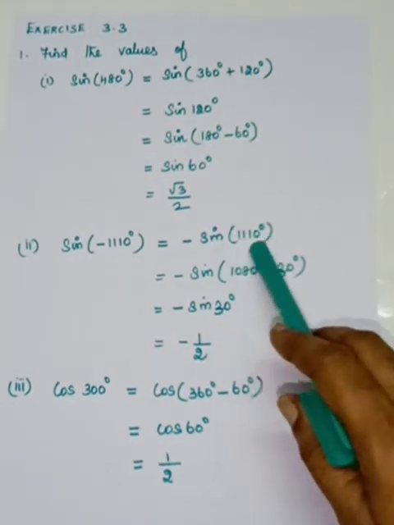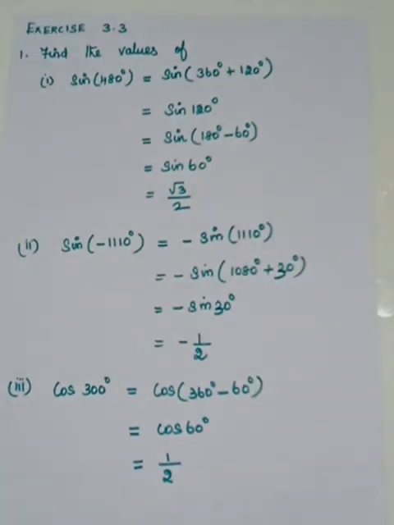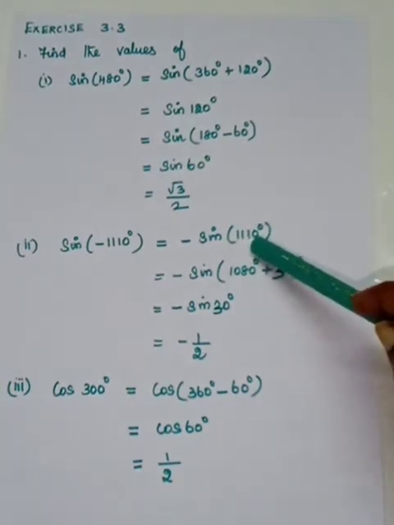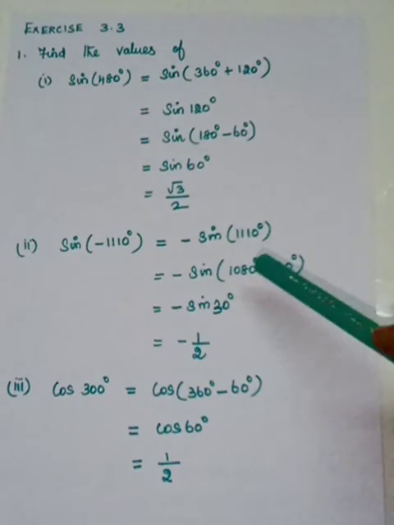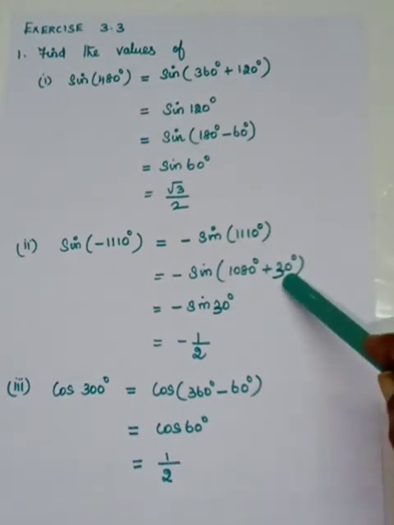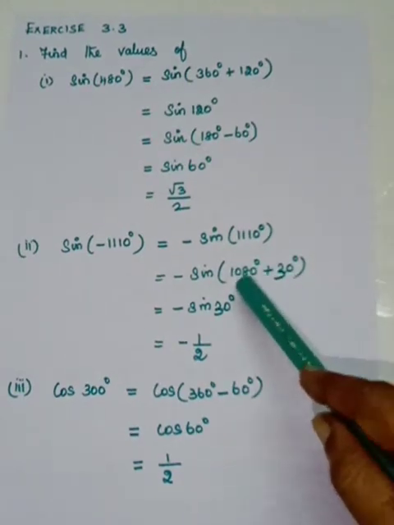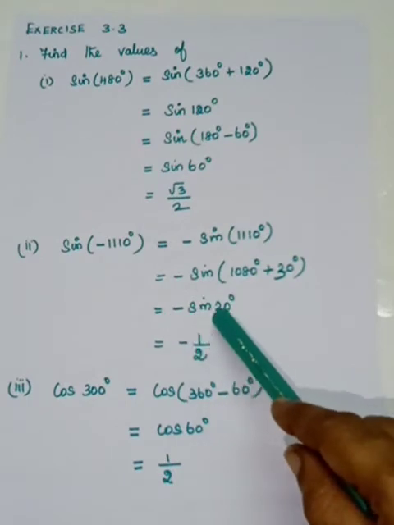It is more than 360 degree. 1 360 is 360, 2 360 is 720, and 3 360 is 1080. So it is more than 1080. After making 3 complete rotations, the remaining angle is 30 degree. So it can be written as minus sine 30 degree.